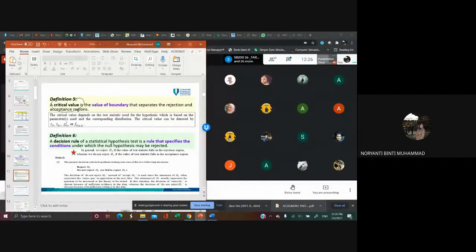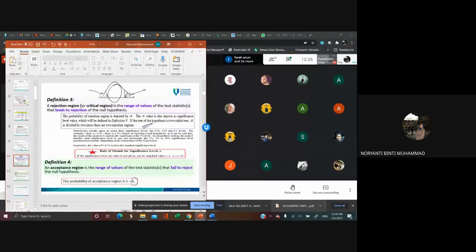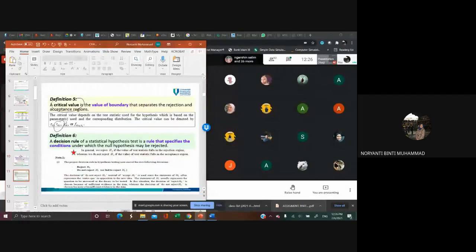So for step 2, if you use Z-test, you will refer to the Z table. If you use T-test, you will use the T table. Whether alpha should be divided by 2 or not depends on your step 1. And then, important here, how do you know whether you should reject H0 or not?